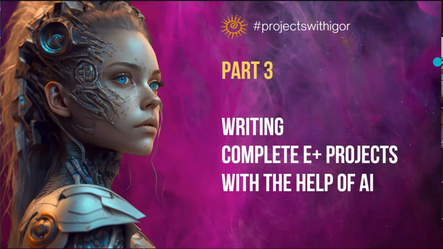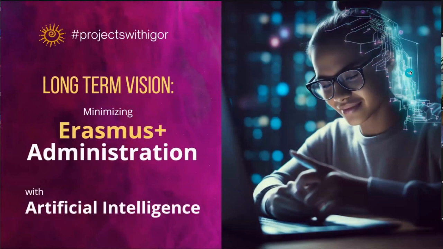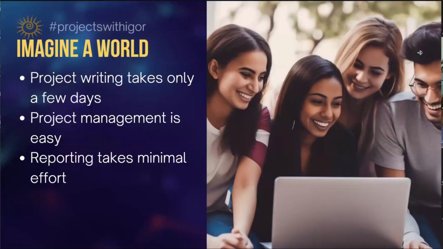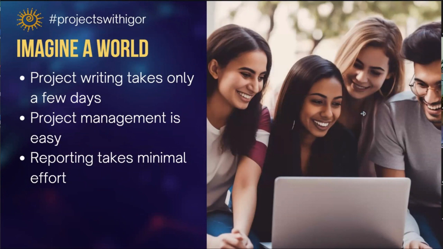So why am I trying to explain how I can do complete projects with you? Because we will do it a little differently this time. This will be face-to-face training in Florence, but my long-term vision is minimizing Erasmus Plus administration with artificial intelligence, meaning that I can do whatever task I have in Erasmus Plus.